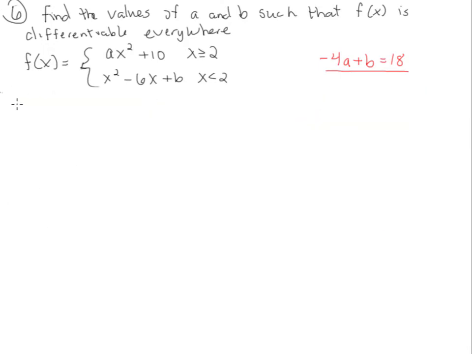So using our definition of derivative, we're going to find the limit as delta x goes to 0 of the top equation, ax squared plus 10. And then we're going to simplify this down using our rules of algebra.